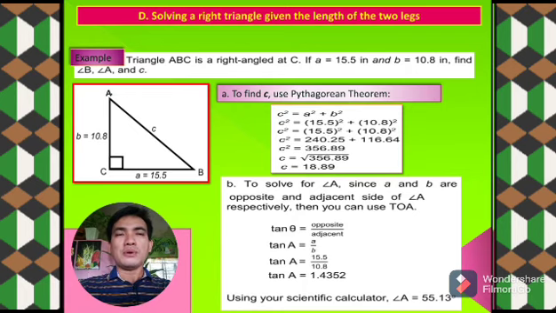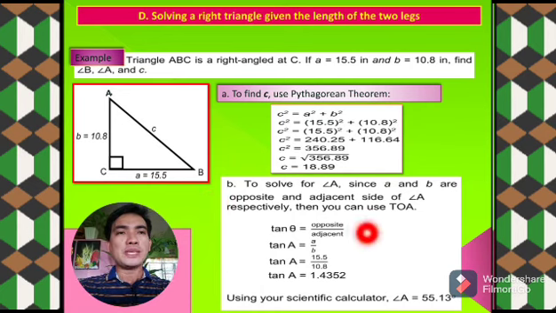As we take a look at our illustration, this would be the angle A. So tangent theta, opposite is 15.5 and adjacent is 10.8.